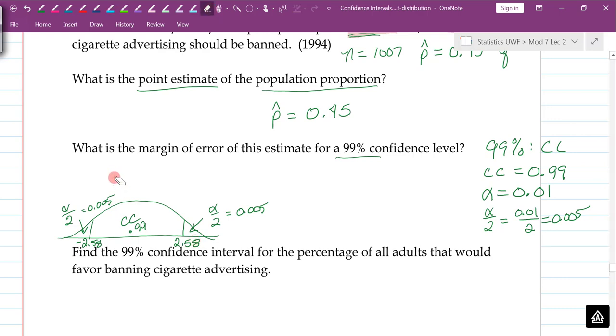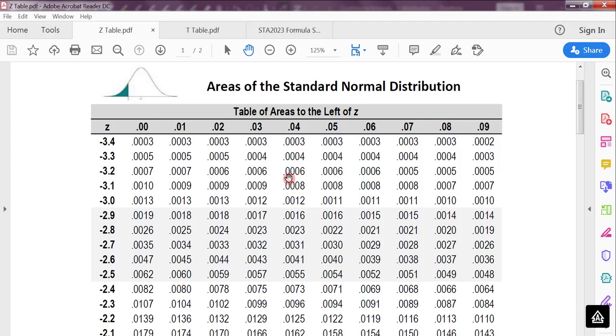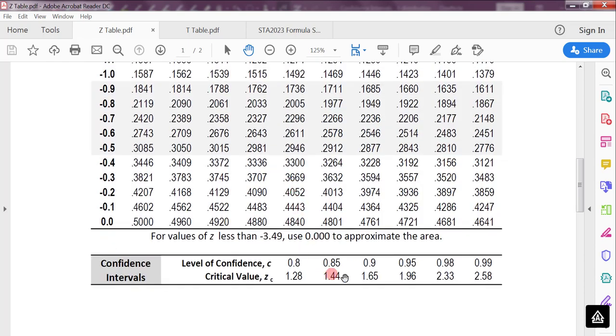Let me go ahead and rewrite this over here. So z is going to be equal to 2.58. Again, a better option is 2.575. But if we also scroll down on your z-tables, right down here, it's going to have, for 99%, 2.58.